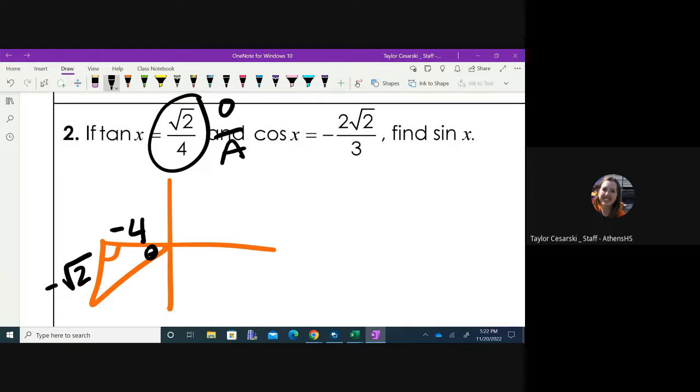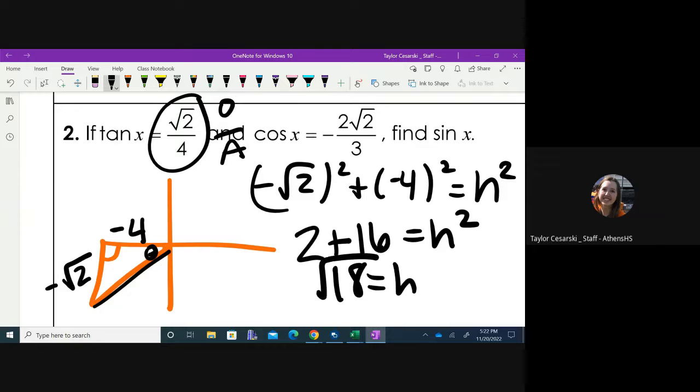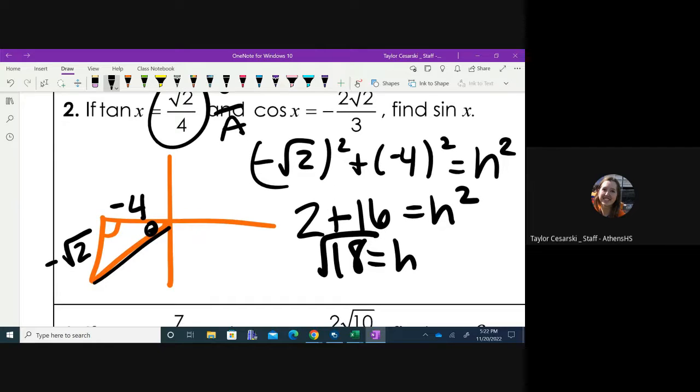All right, so to find the hypotenuse, I'm going to use Pythagorean theorem. So negative square root 2 squared plus -4 squared is my hypotenuse squared. So that's 2 plus 16 is my hypotenuse squared. So my hypotenuse is the square root of 18, or that can be broken up into 9 times 2, or 3 square root 2.